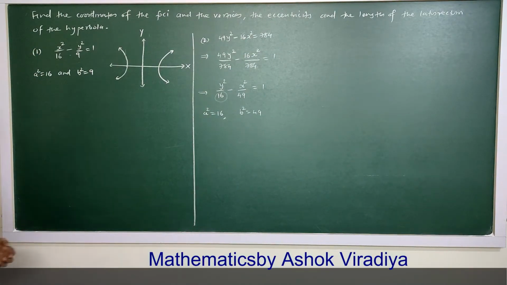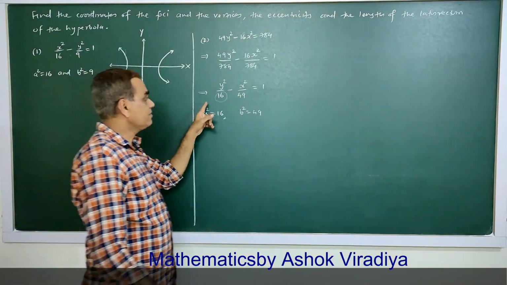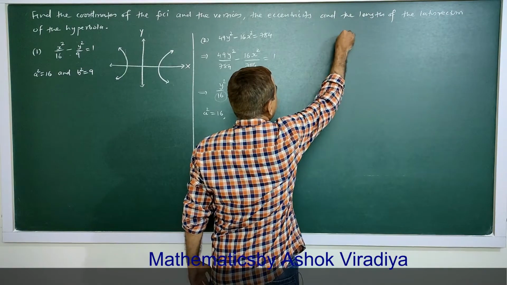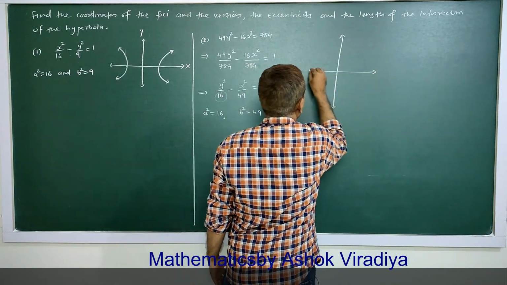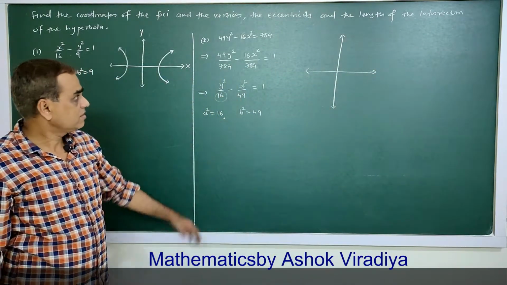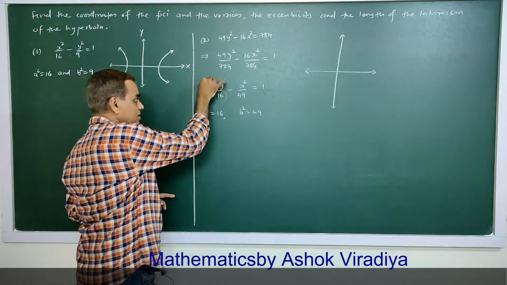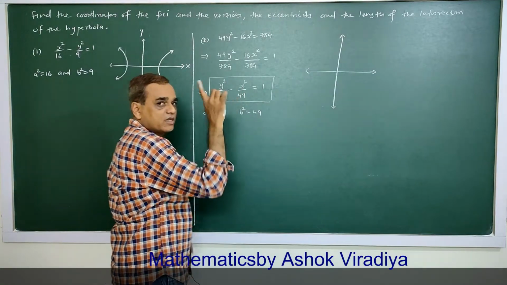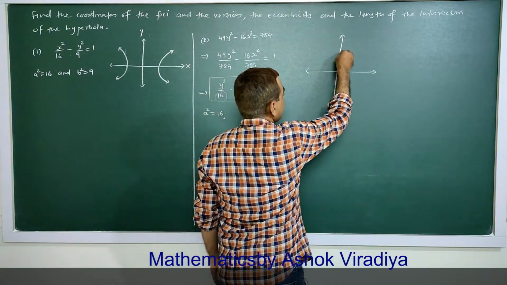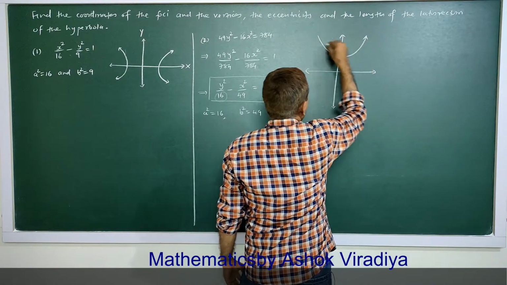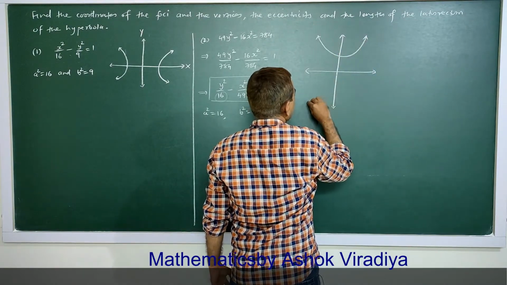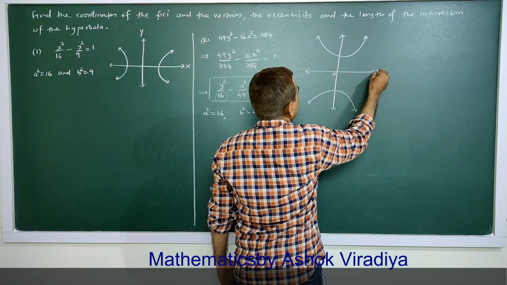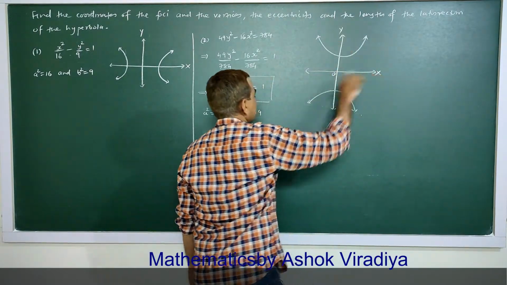So always remember, when the y term is positive, its sketch will be something like this. As discussed in the theory part, every such hyperbola in which y square is positive has its transverse axis along y axis and conjugate axis along x axis.